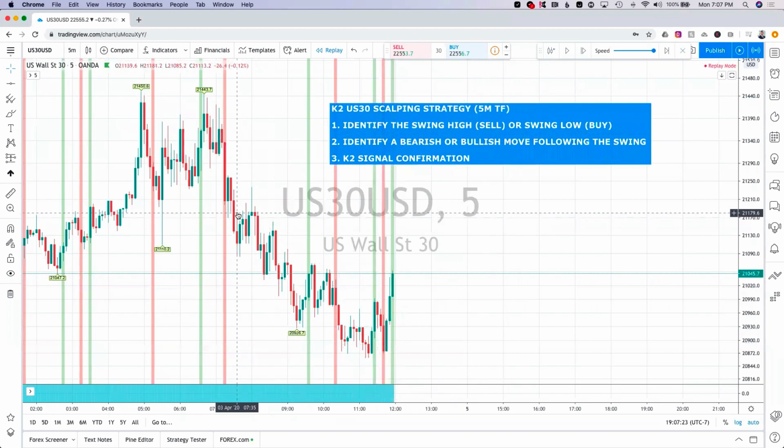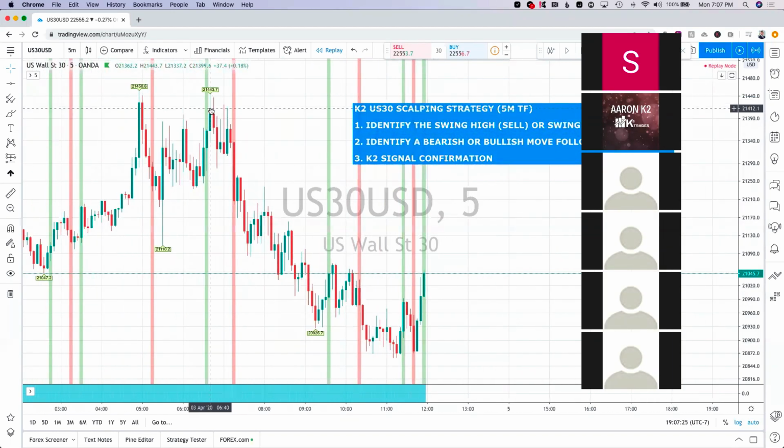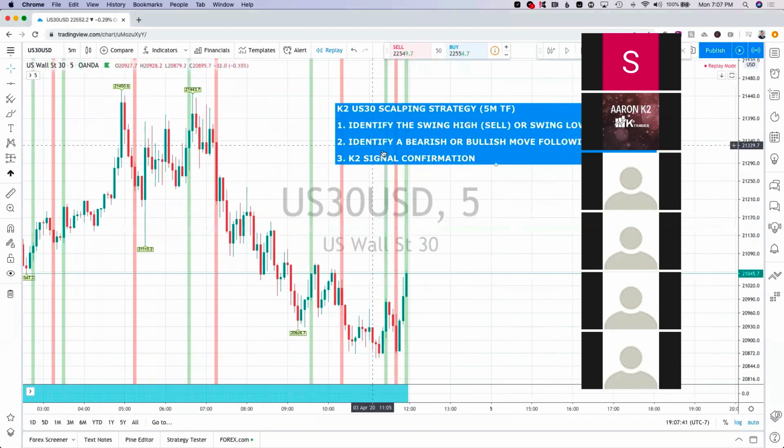If you follow these candles by each movement, you can identify that this is a swing high, swing low, swing high, swing low, and so on until you get down here.